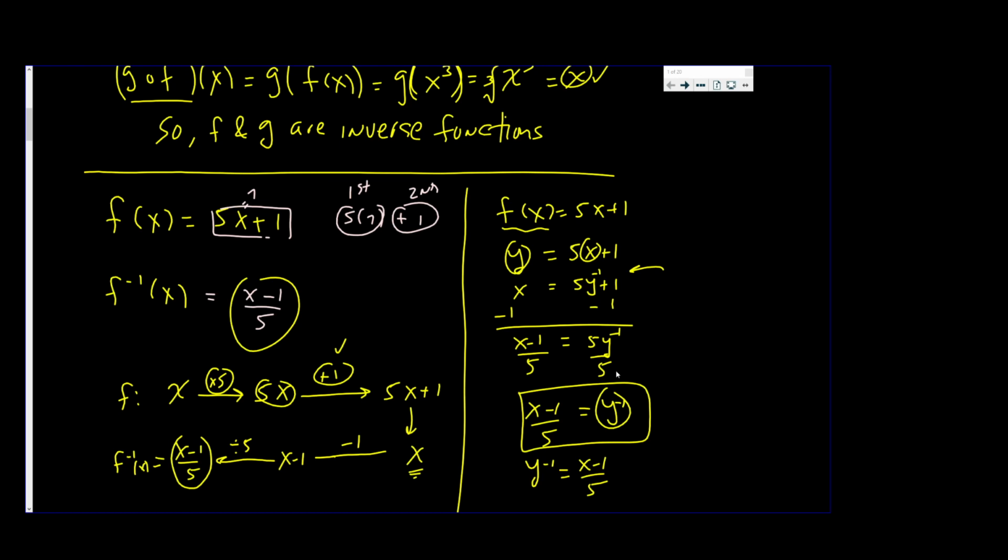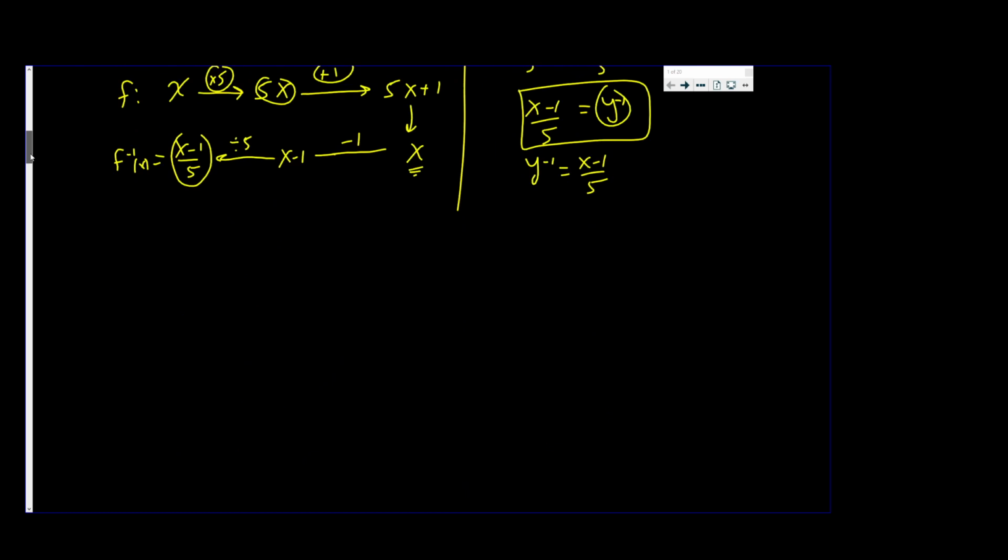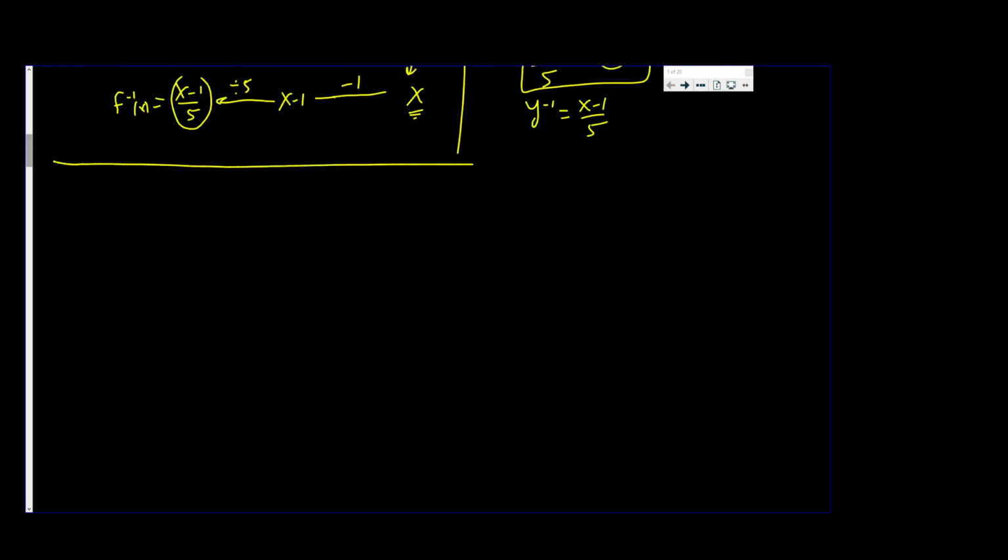Now, let's talk about how functions will look if they're inverses of one another. Suppose f of x is 2x. I hope it's clear that to retrieve x, you should use the function that divides by 2.